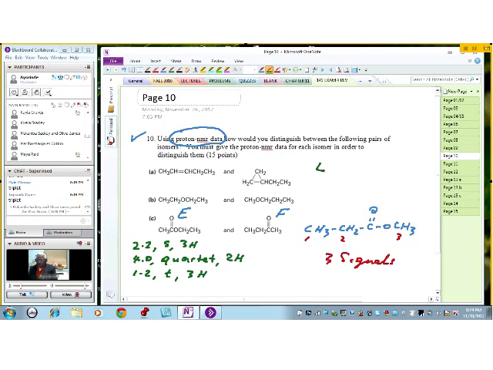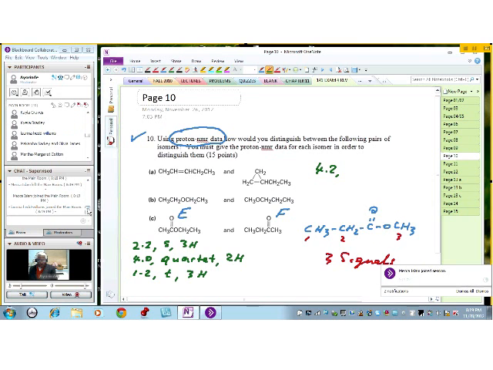I would say about 4.2. What will be the multiplicity for this? Exactly, singlet. Okay? And that is 3 hydrogen.